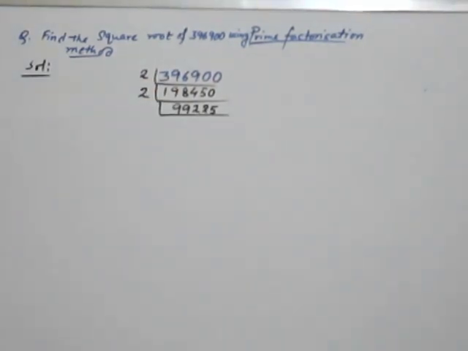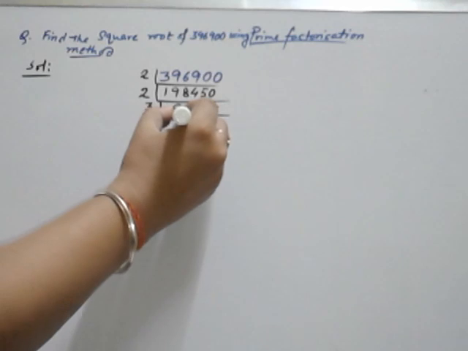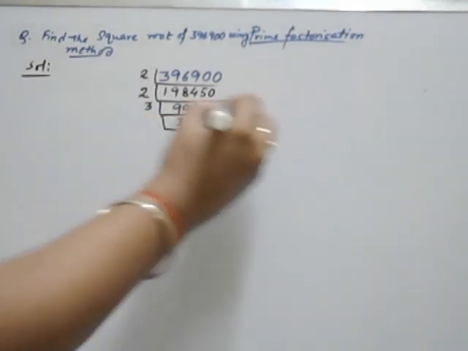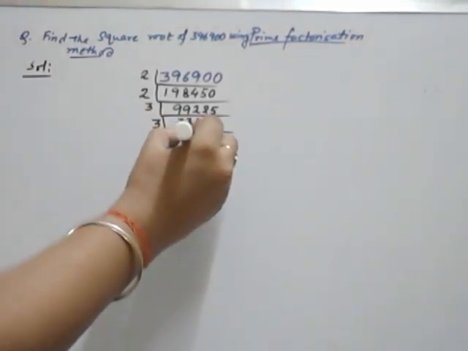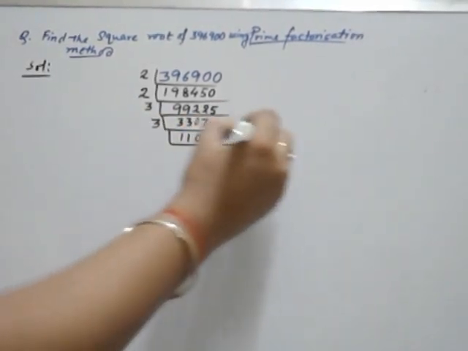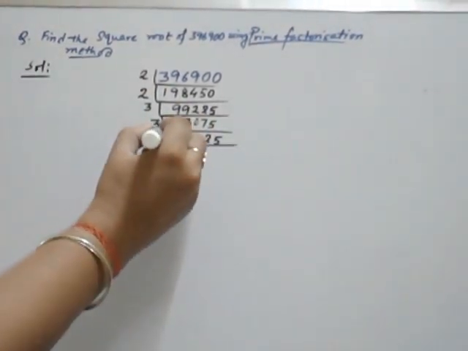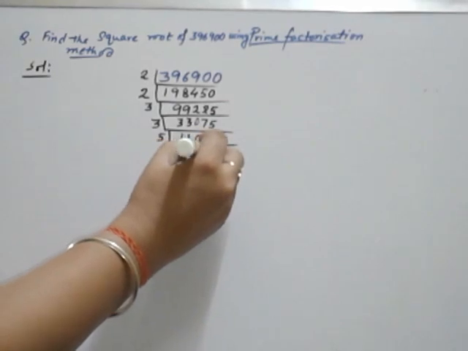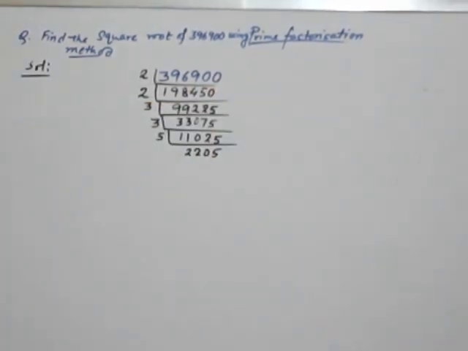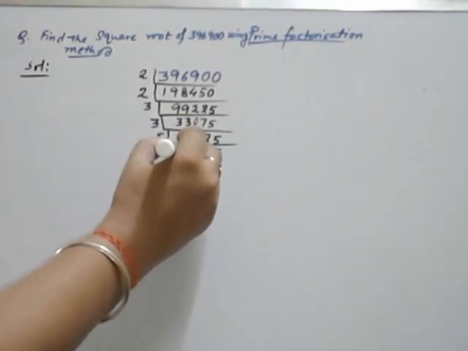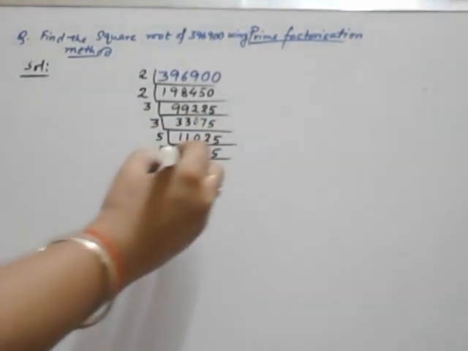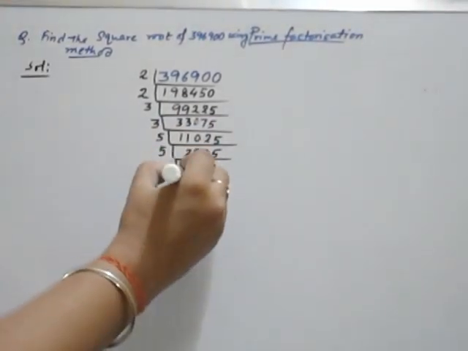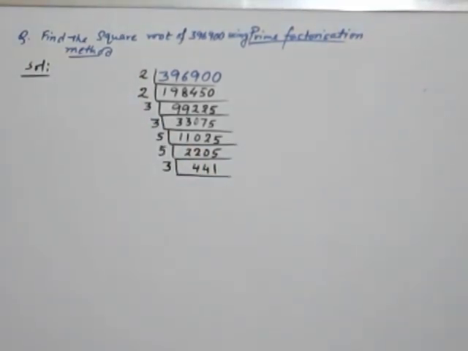Again you divide by 3, now if you divide by 3, now if you divide by 5, the result is next, divide by 5, now divide by 3, what is the result?